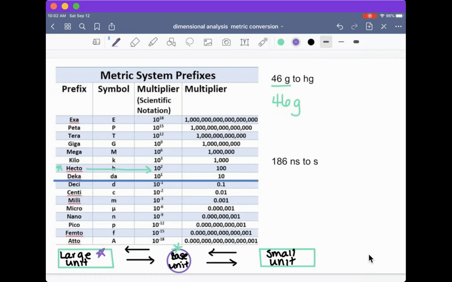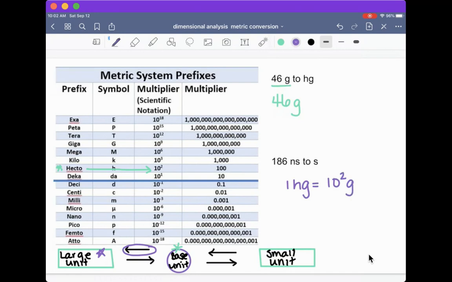So I've got one arrow, one path right there, so I'm only going to need one equality. Our equality is 1 hectogram is equal to 10 to the 2 grams.